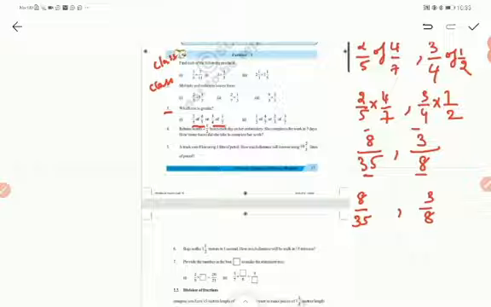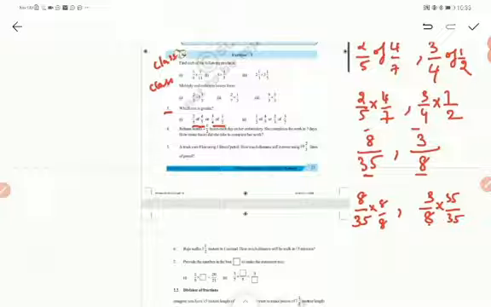So to make this 8, do you have 35 in the 8 table? 8 4s 24, 8 5s is 30, so you don't have 35. So the solution is, you need to multiply this with 8 and this with 35, isn't it?